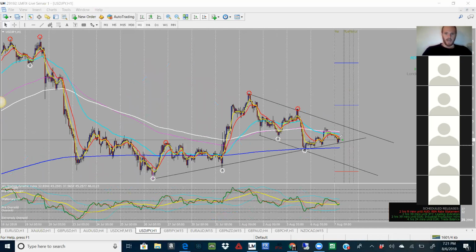If it breaks this channel or this wedge right here, this trend line, which actually is incorrect, this goes down to here. So if we're looking at a technical aspect, because there's no trend, it's in the middle, we can't really presumably say what it's going to do right now.